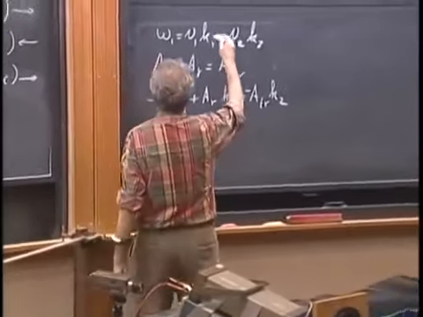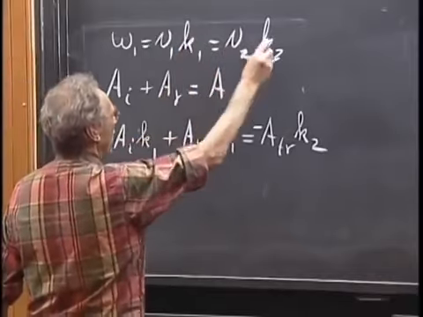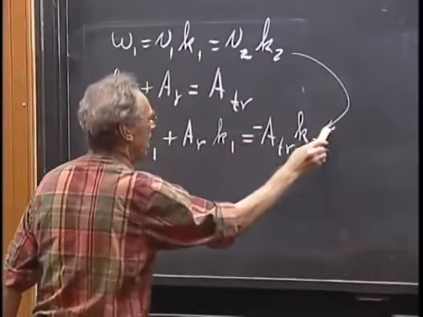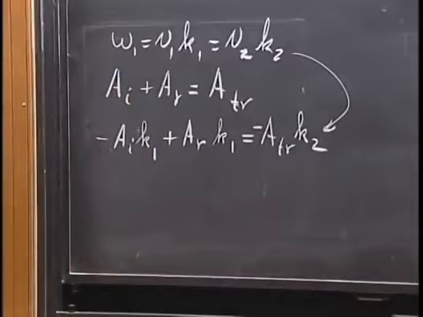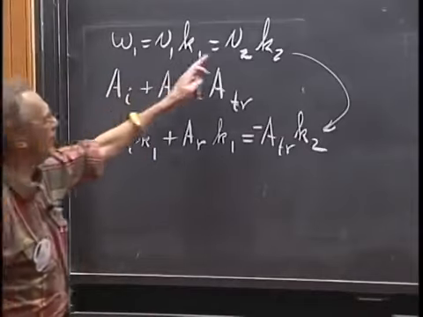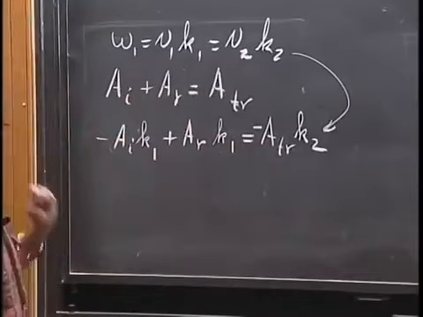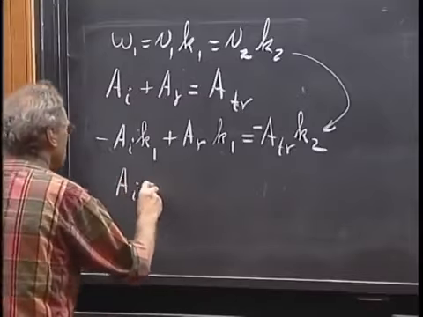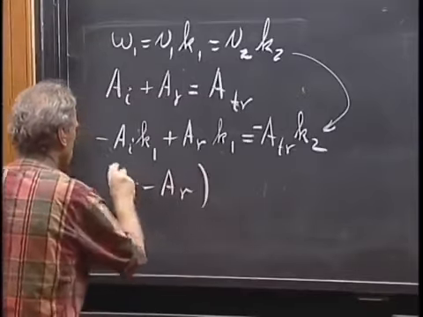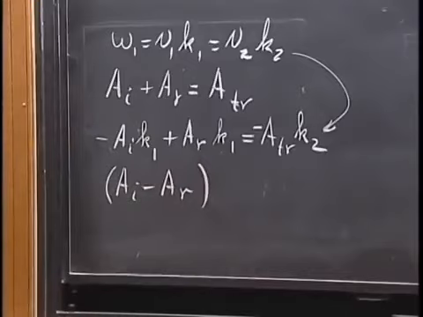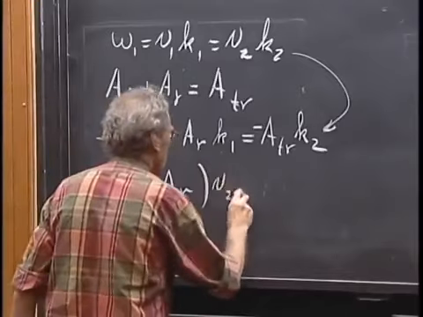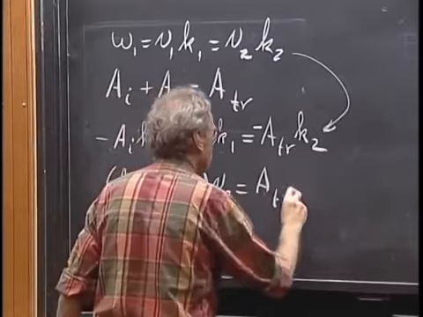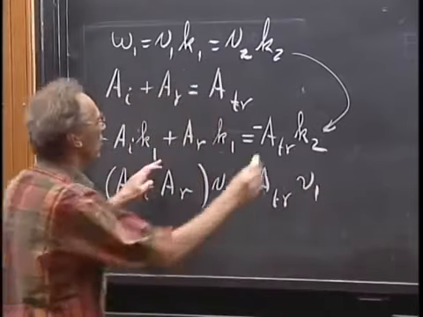If you calculate k1 over k2 and substitute that in here, then you can replace the k's by the ratios of v's. So you take k1 divided by k2, and you get rid of your k's. When you do that, you get A_I minus A_r times v2 equals A_t times v1. That is simply combining these two.